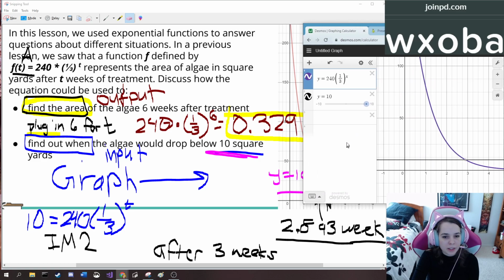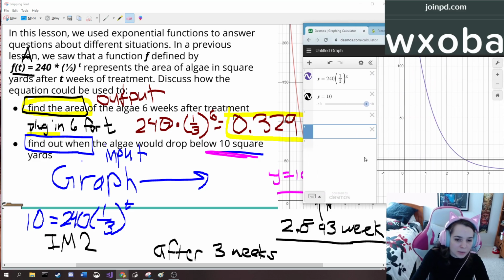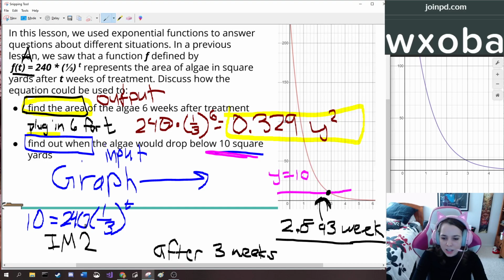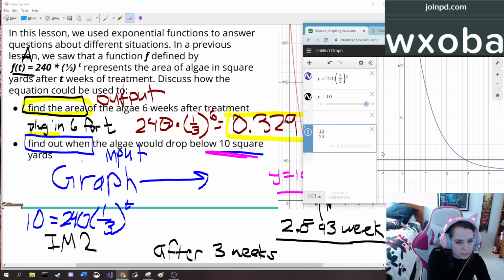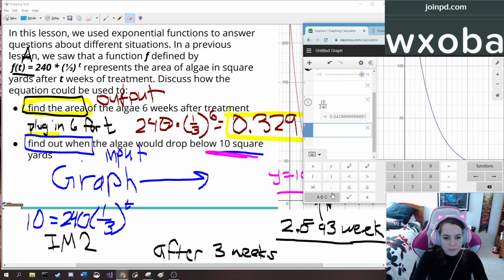Keep in mind that we will not be doing the logarithm method, but out of curiosity, you would first divide 10 by 240 and then find the logarithm of that.